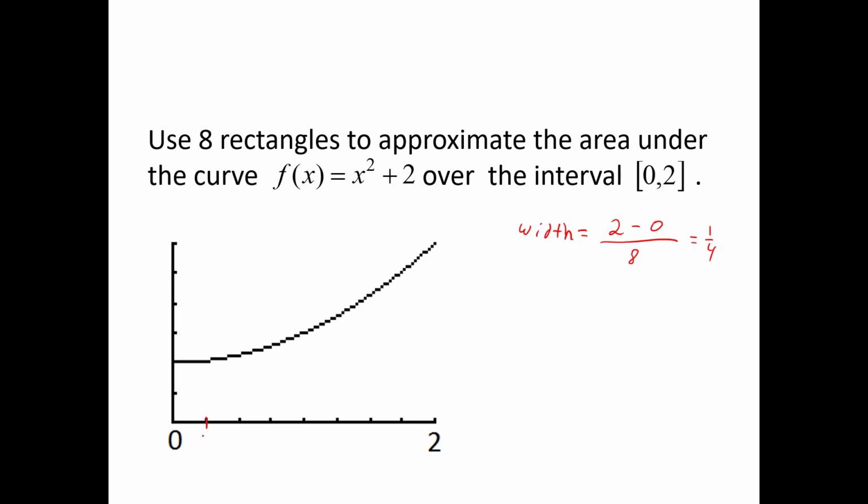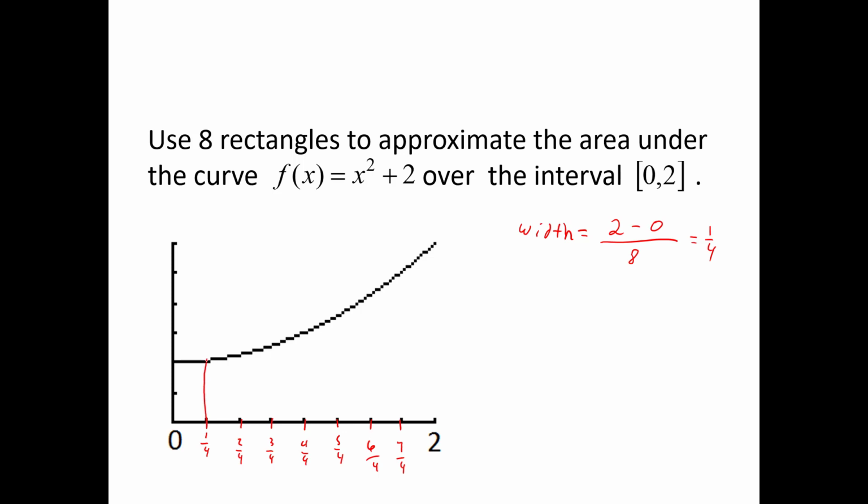So this is 1/4, and now you're just going up by a quarter. So this is 2/4. So then this is 3/4. So then this is 4/4, or 1. But if I write it as 4/4, then the next one's easy, 5/4, and then 6/4, and then 7/4, and then 8/4, or 2. To find the height, we're going to use the right endpoint.